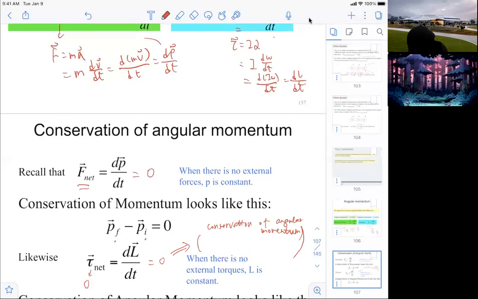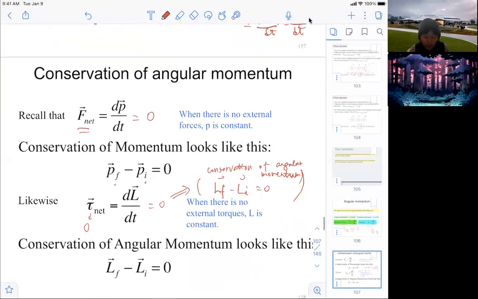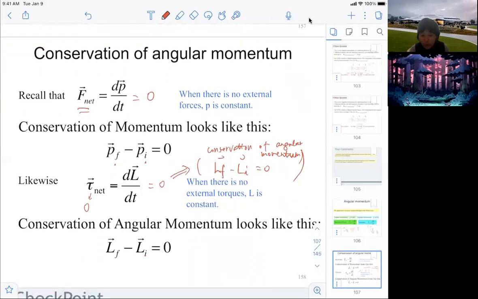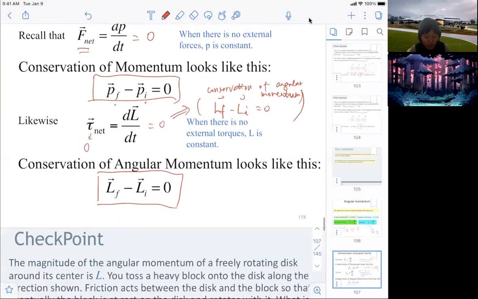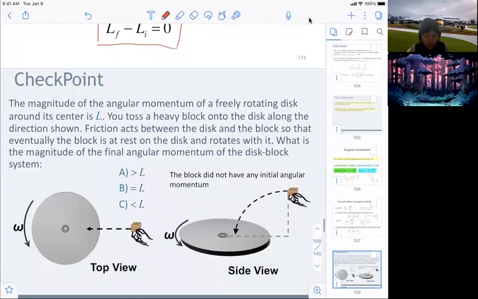Anybody? L final minus L initial equals 0. Yes, exactly. L final minus L initial equals 0. There is no change in your angular momentum. Very good. We're going to be able to use this equation to solve a lot of problems, just like we did with the linear equation. So for the rotational case, we have conservation of angular momentum.